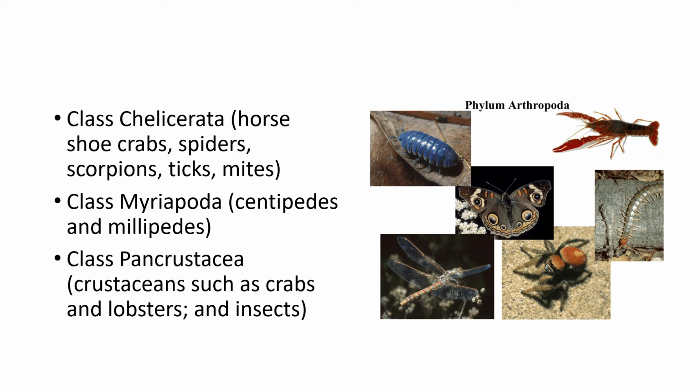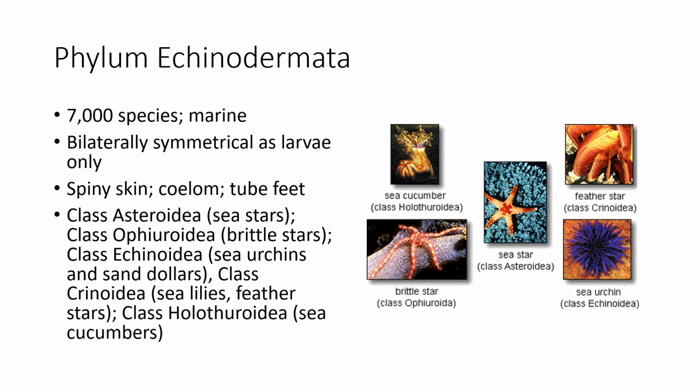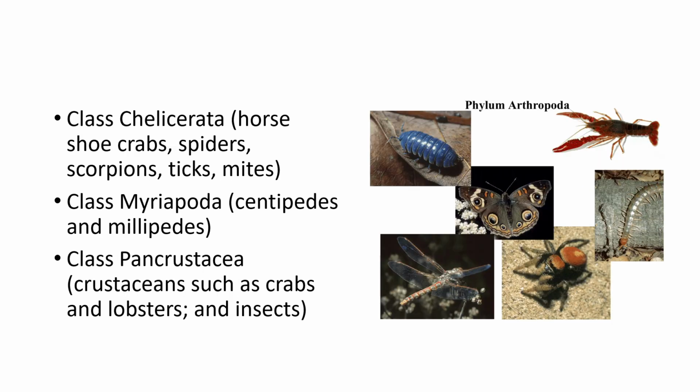So this is an extremely large class of the largest phylum. And I should say we're going to get into much more detail about Pancrustacea and the different body plan of insects and lobsters that will be covered during lab.